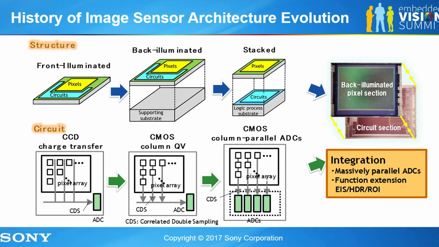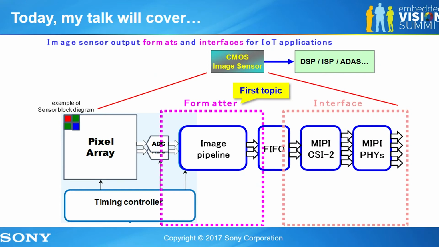That's a key message, and we'll come back to it. So my talk today will cover two topics. One is output formats, and the second is interfaces. So first, let's go to the formats.